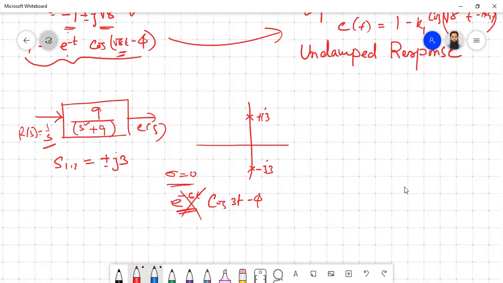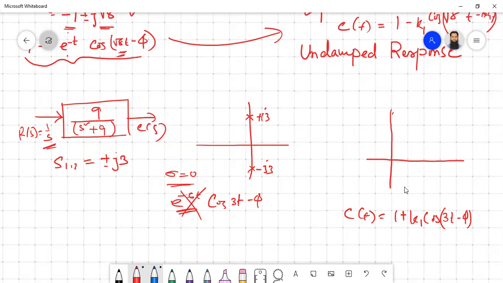And don't forget about this step response. So your final response will be something like this: c(t) will be equal to 1 minus or plus, depending on the value of k, so we generally keep it k cos(3t minus 5). Is it okay? Now, what should be the system's response? It should go to 1, but it will not, because we don't have any damping, but we have a pure oscillation.